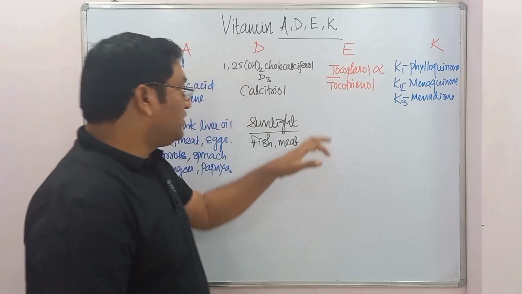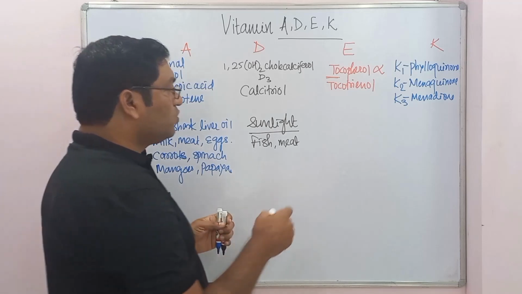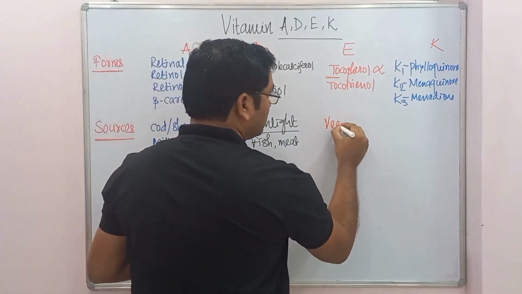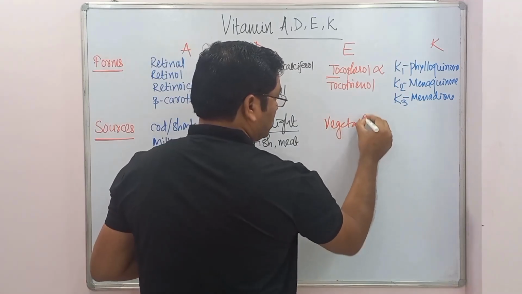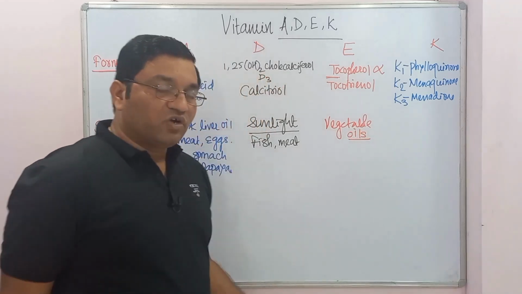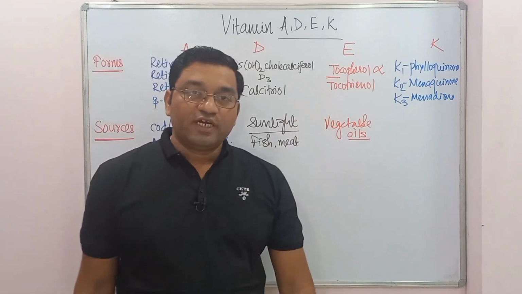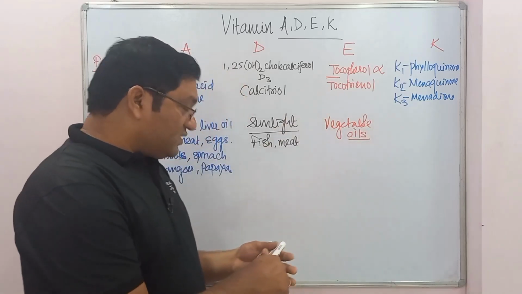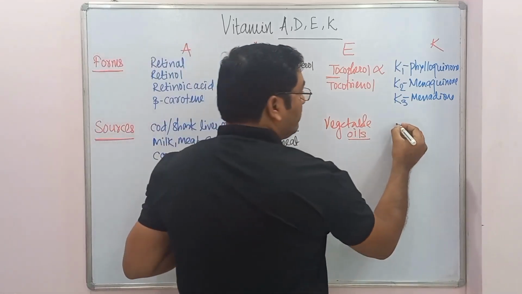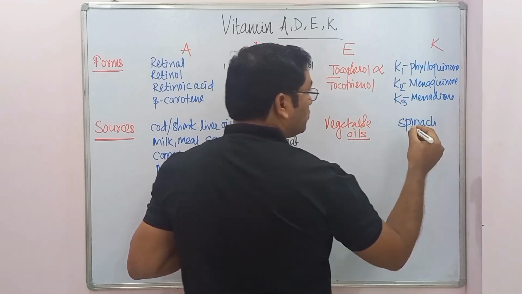Then the important sources of vitamin E include vegetable oils, mainly safflower oil, sunflower oil, soybean oil. These are the important sources for vitamin E. Vitamin K, that is K1, is present in green leafy vegetables. Spinach is the important source.